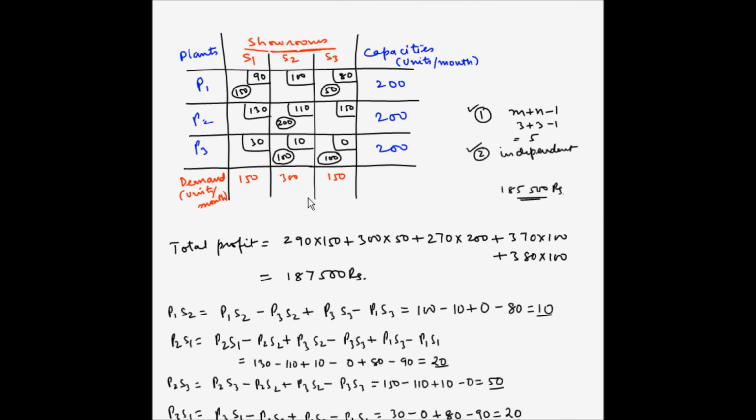So this is our optimal solution and the total profit is 187,500 rupees. So here basically the allocation is from P1 to S1 we'll be shipping 150 units, P1 to S3 will be shipping 50 units, P2 to S2 will be shipping 200 units, P3 to S2 will be shipping 100 units, and from P3 to S3 another 100 units.